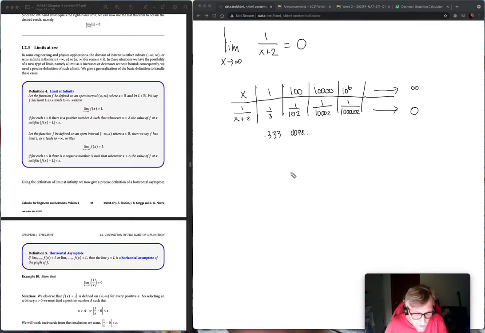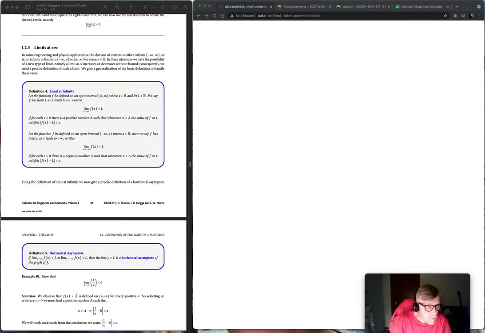So in this section, what they're saying is that if the limit as x approaches infinity is equal to some limit, then there's a horizontal asymptote on the graph.